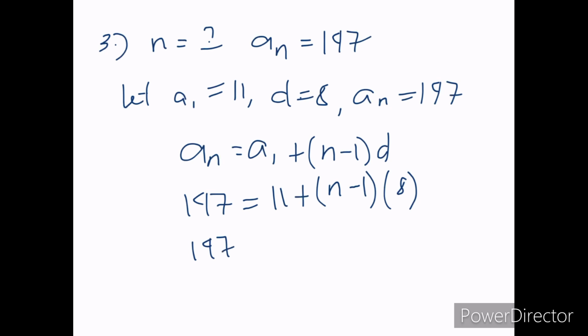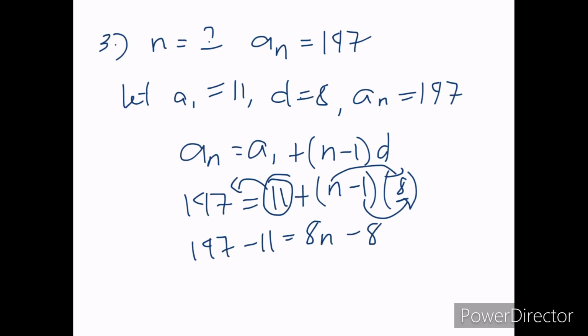So 147 minus 11, because when you transpose this to the other side, since it is positive, it becomes negative, equals, apply the substitution method, 8n minus 8.